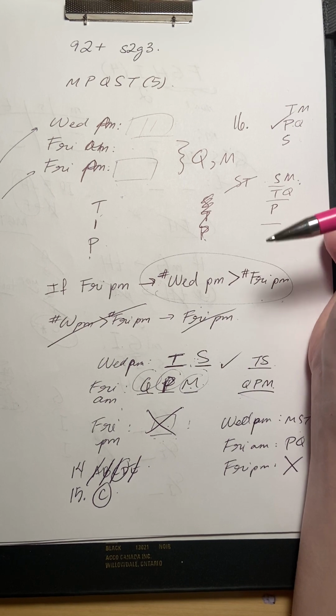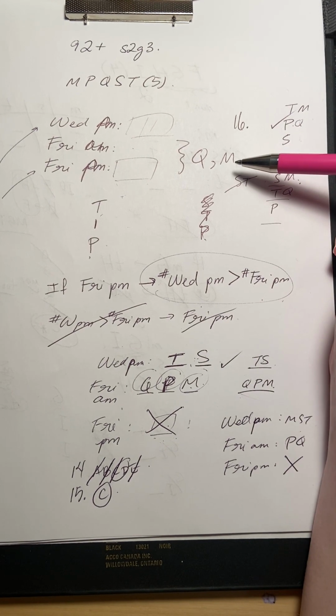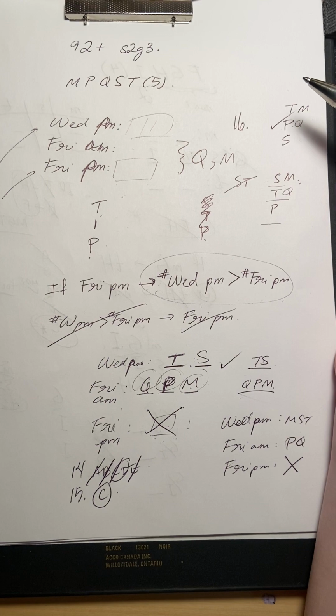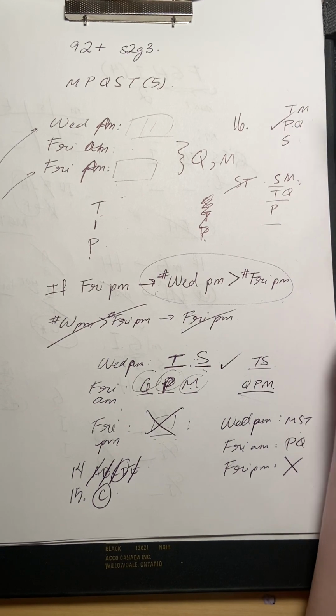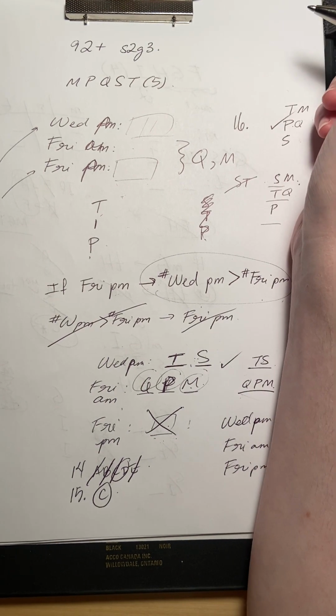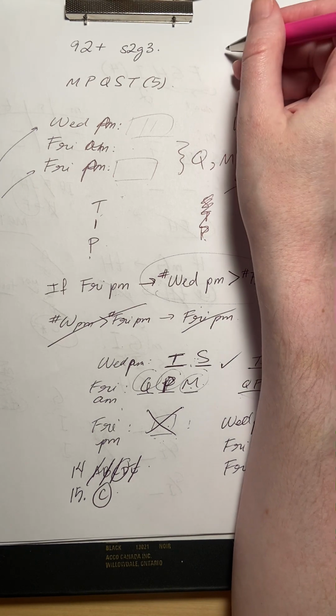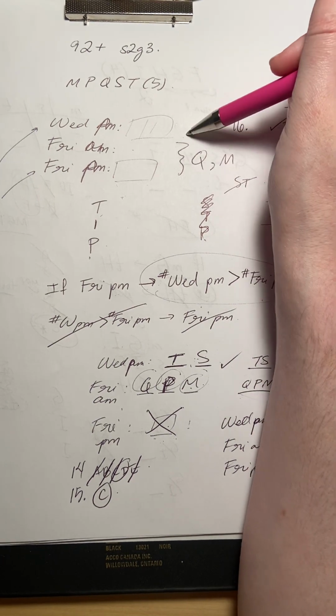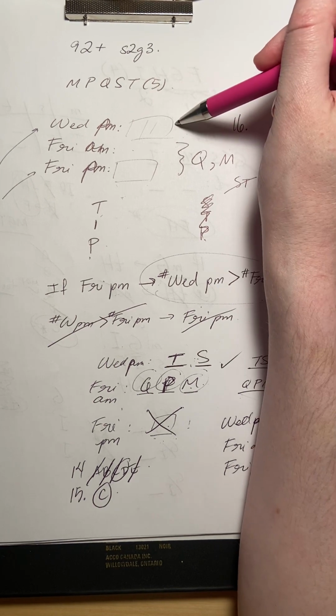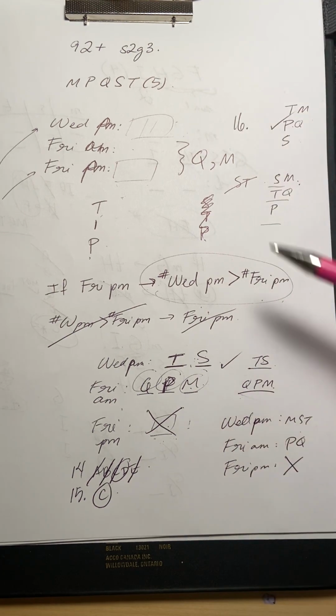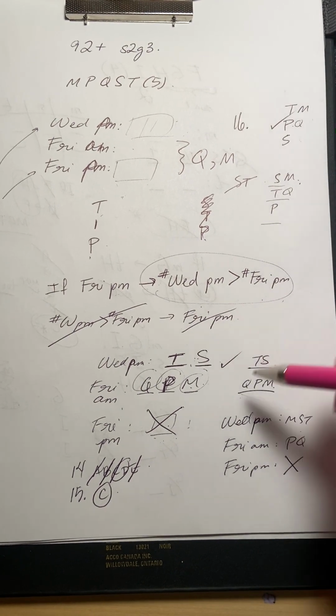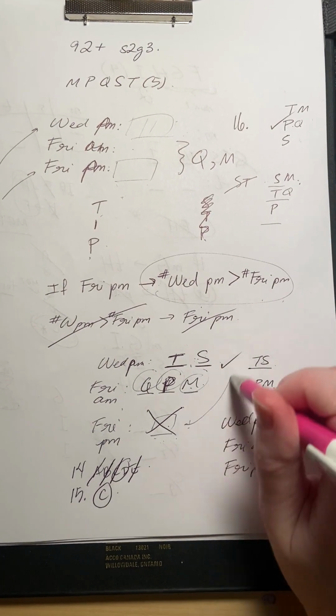All right, so I suppose, what can I say here? So we know that I can't have both T and P. Okay, well, I've got one example here.